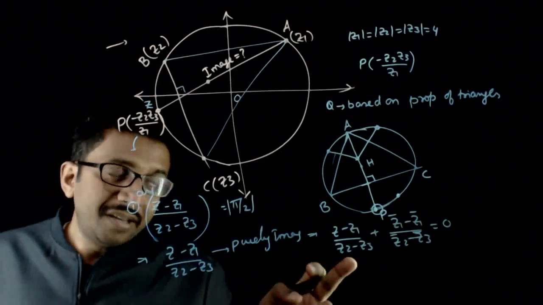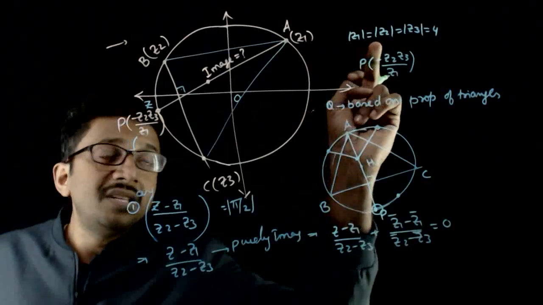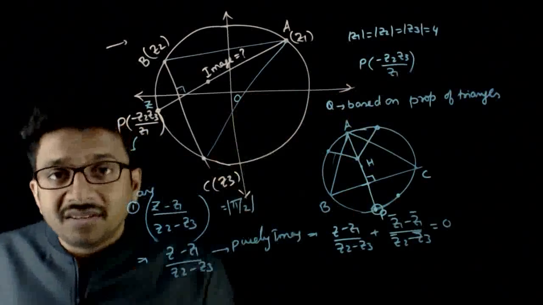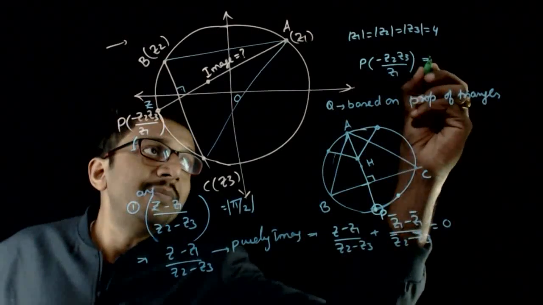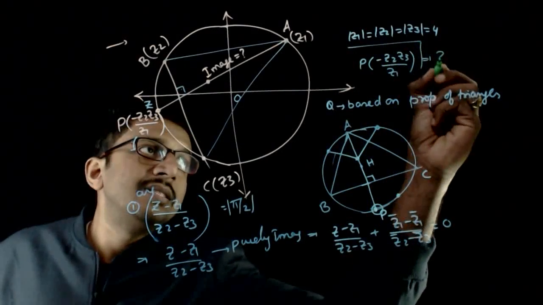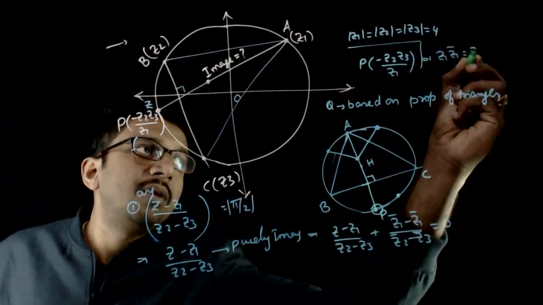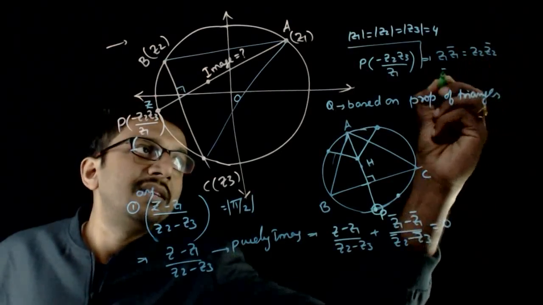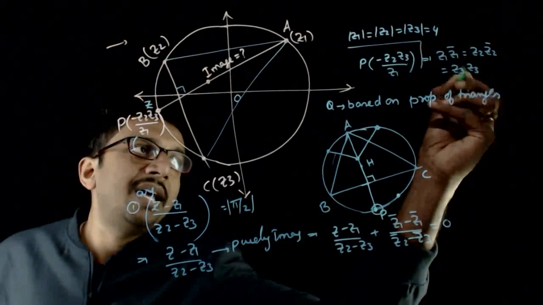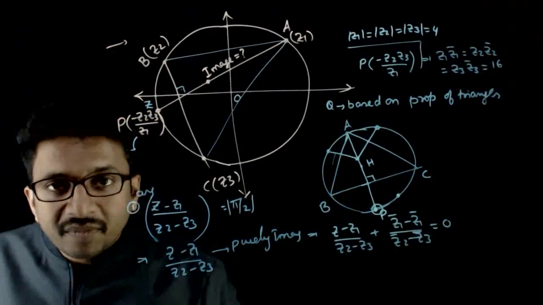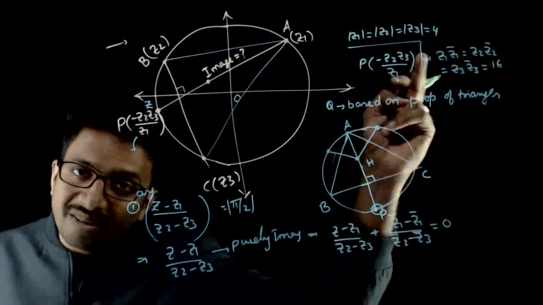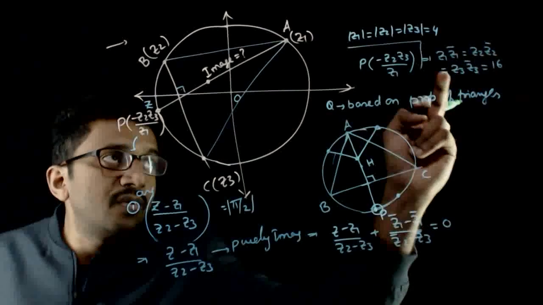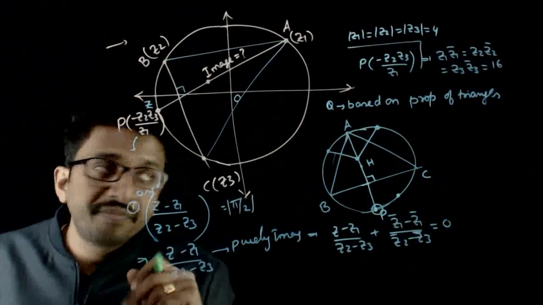But we know that mod z1 is equal to mod z2 is equal to mod z3 is equal to 4. This implies z1 z1 bar is equal to z2 z2 bar is equal to z3 z3 bar is equal to 16, right? Each of these is equal to mod z1 square, mod z2 square, mod z3 square, all equal to 4.